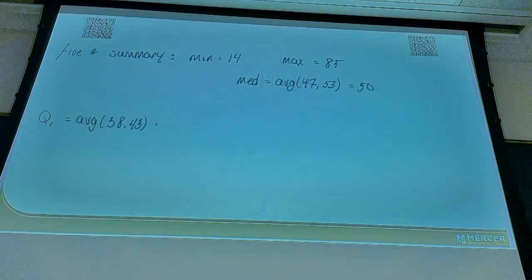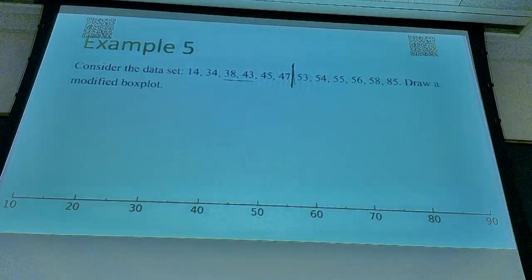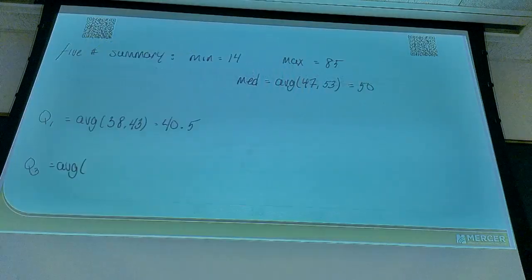Which is what? 40.5. Q3 is the average of 55 and 56. Oh, it's an easy one. 55.5.